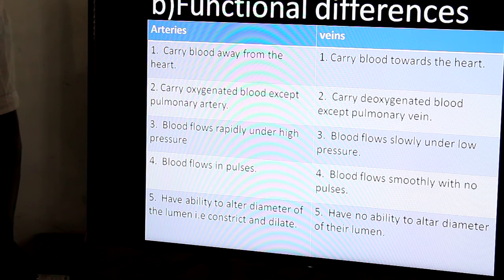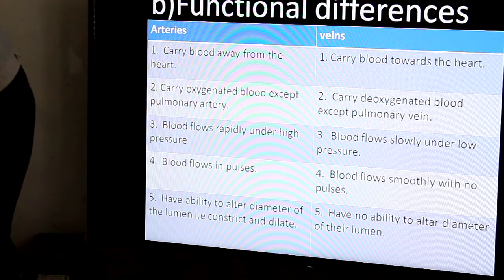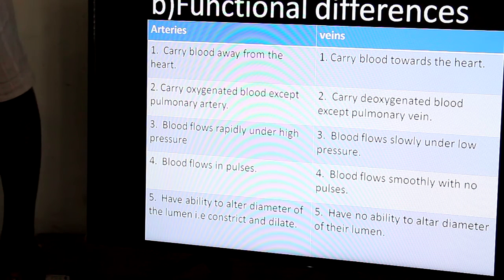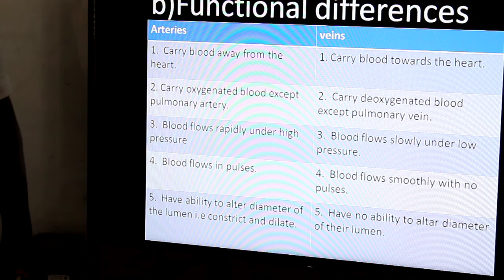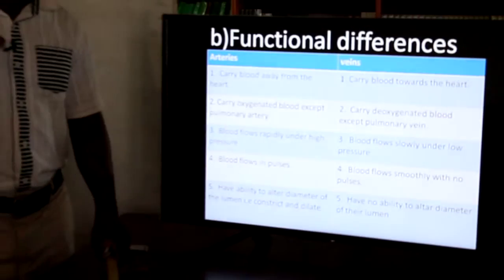But in the veins, blood flows slowly under low pressure, because that blood has lost pressure moving from the heart to the body parts and is now moving back to the heart. Number 4, blood flows in pulses in the arteries. It does not flow like water, but pop, pop, pop, because of the pumping action of the heart.